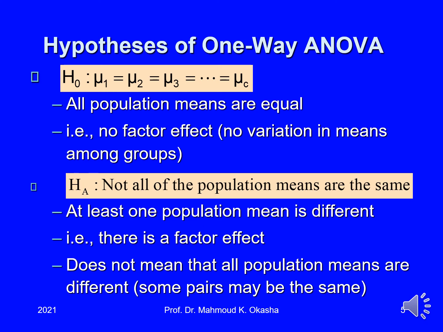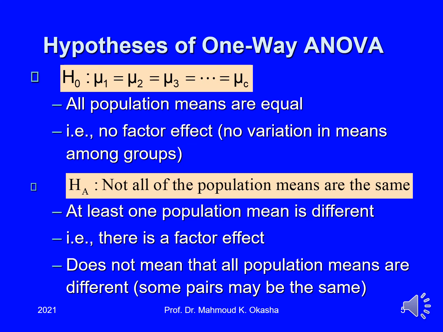If we have four, then also equals mu4, and so on. That's the null hypothesis, which means all population means are the same. In other words, no factor effects.